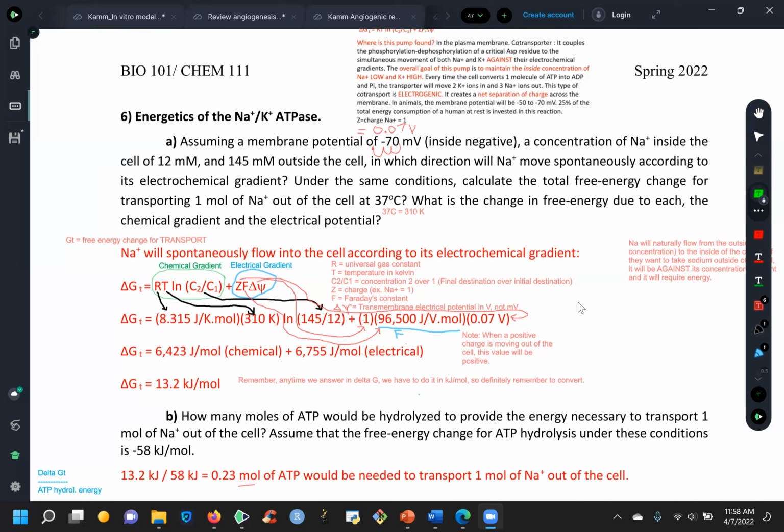So even though it's negative for our formula, we're going to leave it as positive. But the first thing we have to do is convert it to volts. Milli is 10 to the -3, and we just want volts. So all we have to do is move it 3 decimal places this way. 1, 2, 3. So our new answer is 0.070 volts.